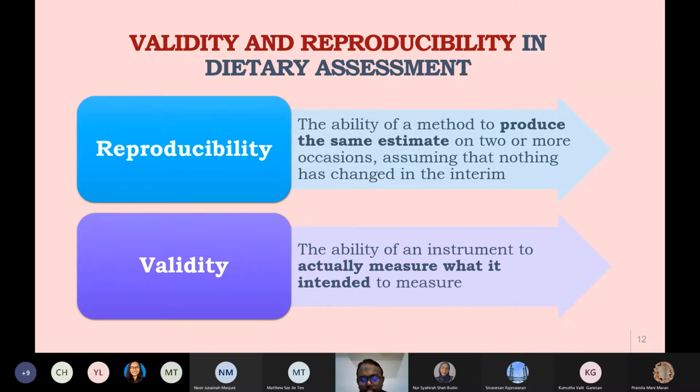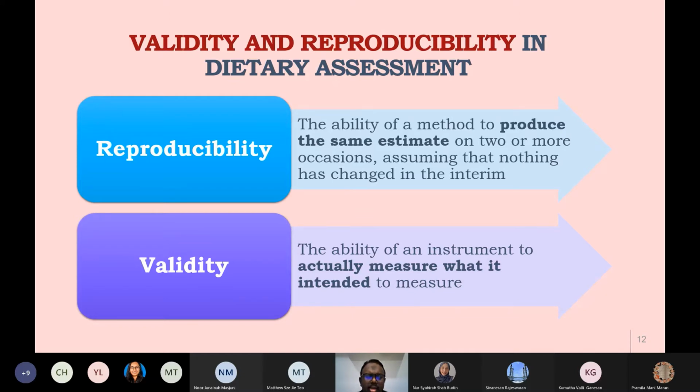We have the first occasion and the second occasion. Between these 2 occasions, the reproducibility should be similar. When it's similar, we can say that the reproducibility is high. If the first occasion and the second occasion have different estimates, it means that the reproducibility is lower than it should be.